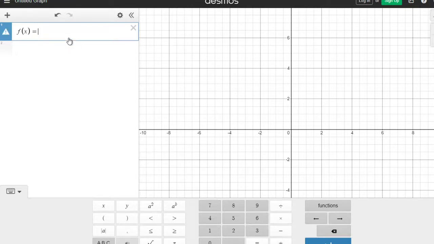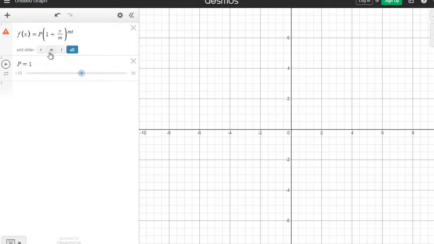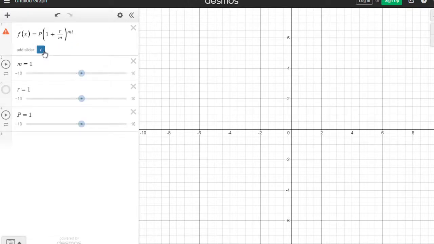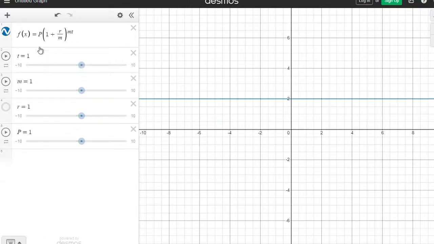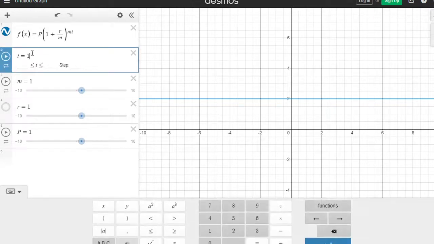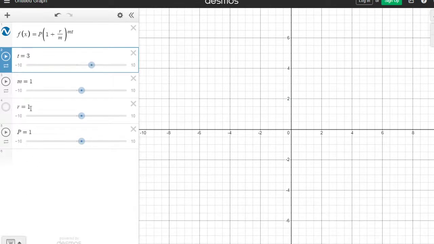So with Desmos, what we are going to do is start by just typing out the formula. So there's our formula, okay? And so what I can do here is I can add sliders for each of the 4 variables, okay? Now remember, our time we set at 3 years, all right?